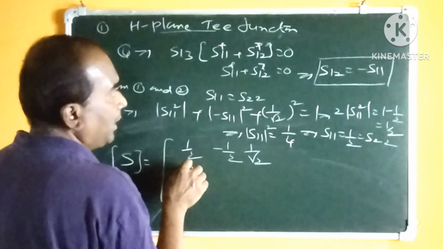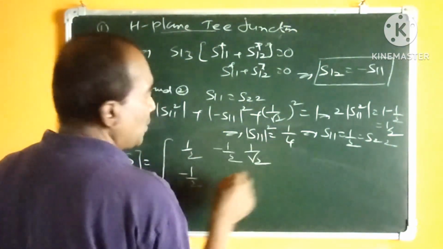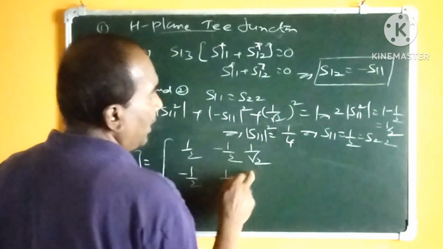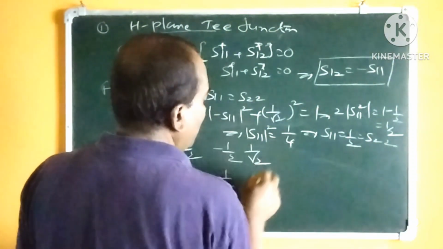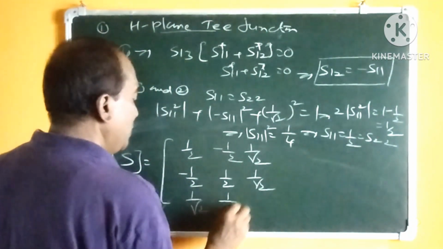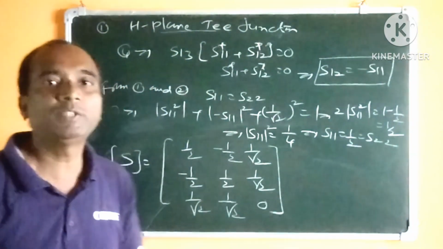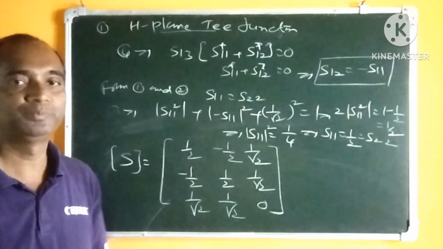And S21 is nothing but S12, that is minus 1 by 2, S22 is nothing but 1 by 2, S23 is nothing but S13, it is 1 by root 2. The third row is 1 by root 2, 1 by root 2, and 0. So it is the S matrix of the H plane T junction.